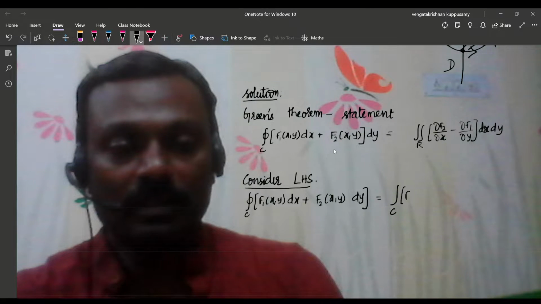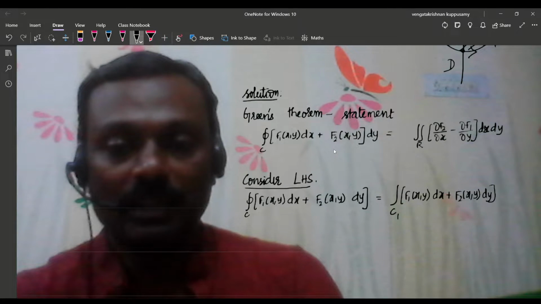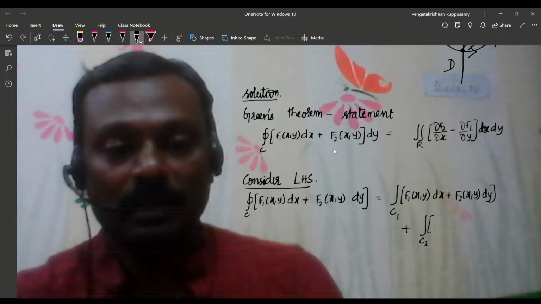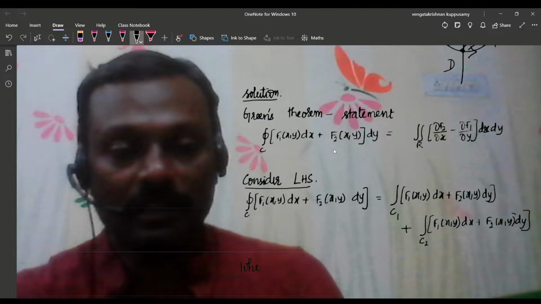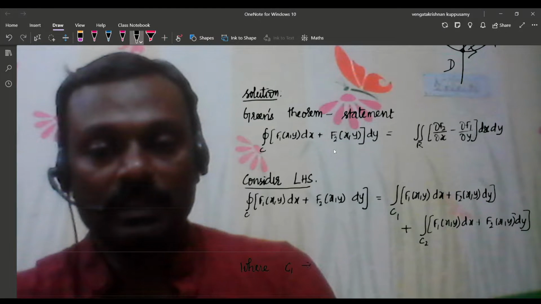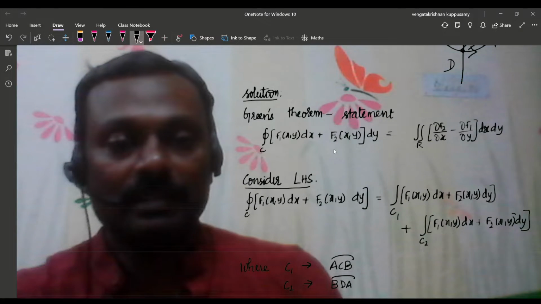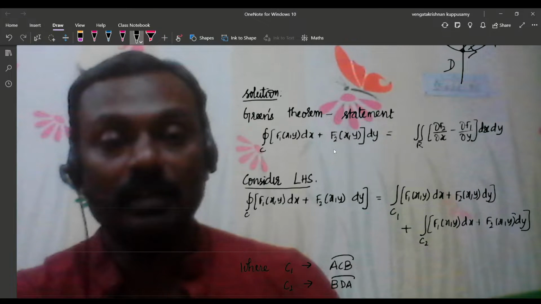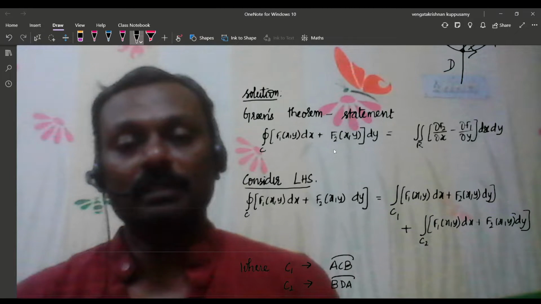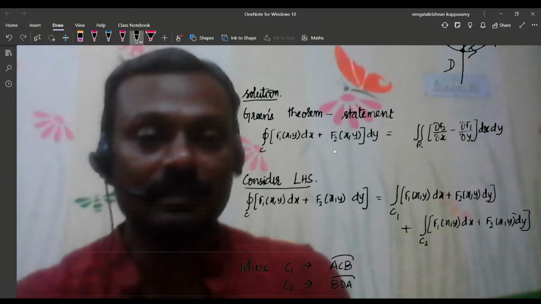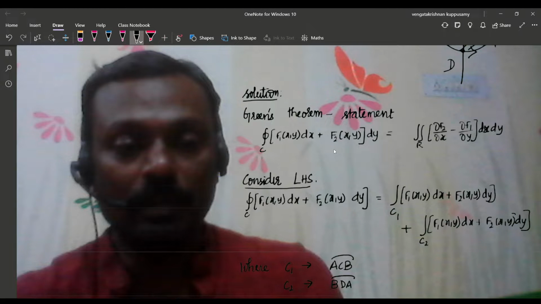Now this can be split into two arcs: integral over C1 of f1 dx plus f2 dy plus integral over C2 of f1 dx plus f2 dy, where C1 is the part of the circle ACB and C2 is the part of the circle BDA. Of course they are semicircles. ACB is the upper half of the circle and BDA is the lower half of the circle.